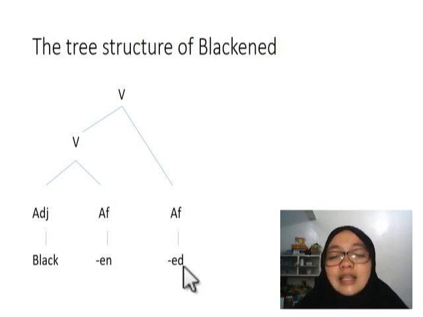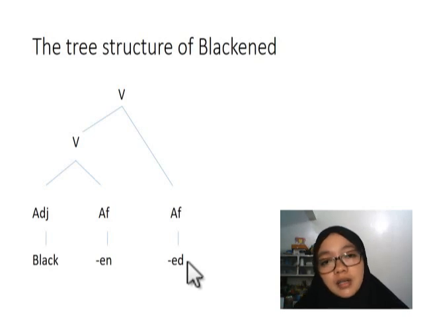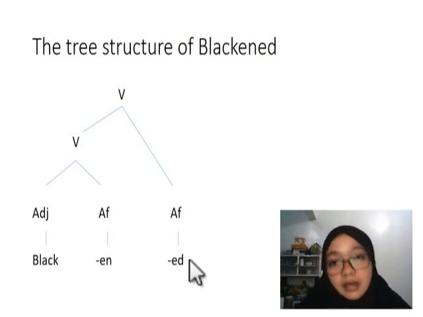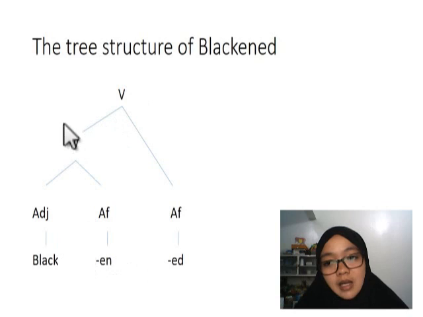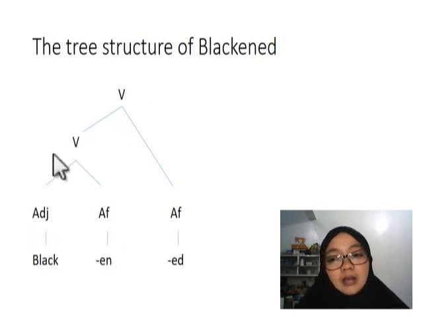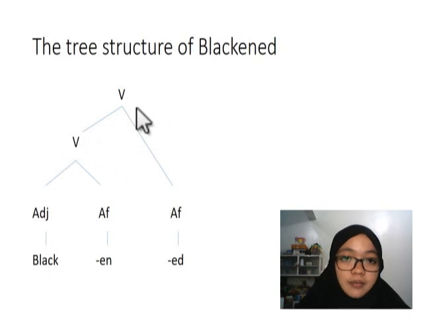Blacken with ed becomes the activity that is done in the past. So this is the past form of blacken. This is still the same verb, but the meaning is different. Blacken is for the present and blackened for the past tense. So what is changed here? The grammatical. Okay, you got a point for this one?